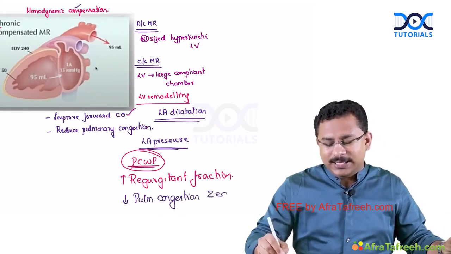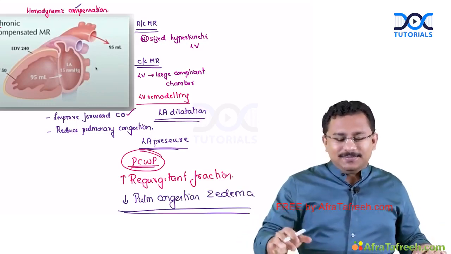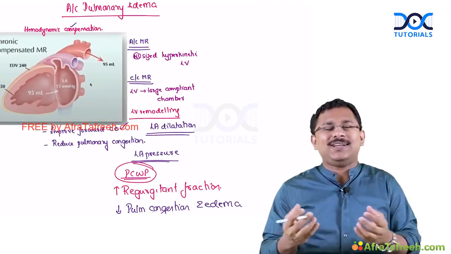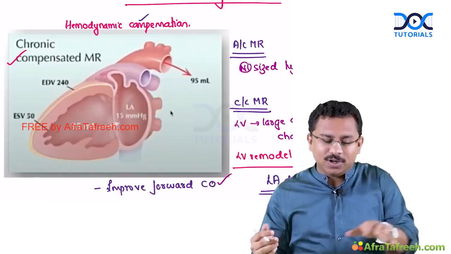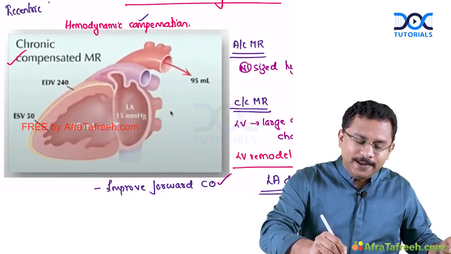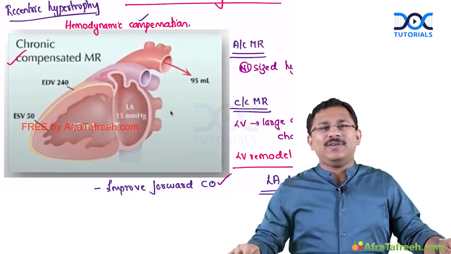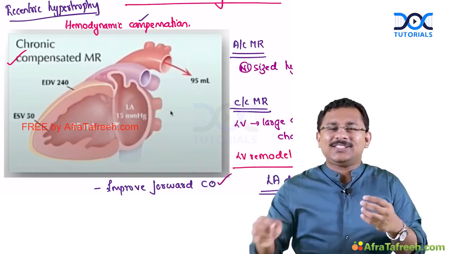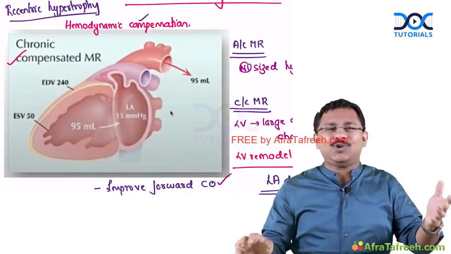Okay, and because the LV also dilates, because I told you there is LV remodeling and there is an eccentric hypertrophy. What sort of hypertrophy? Eccentric hypertrophy, that is involving the left ventricle. So since there is an eccentric hypertrophy involving the left ventricle, there is an LA dilatation also. And this dilatation will reduce the left ventricular end diastolic pressure in comparison to an acute MR.